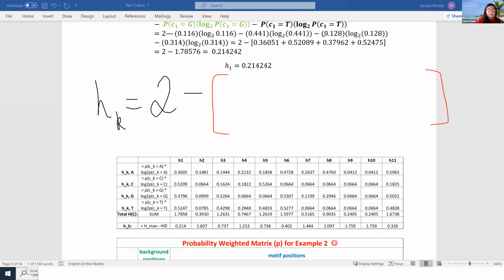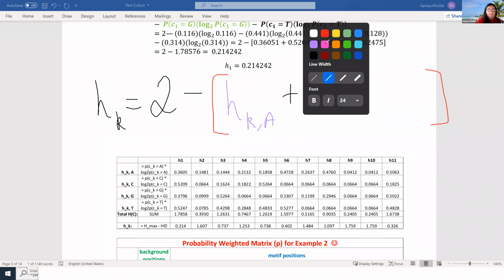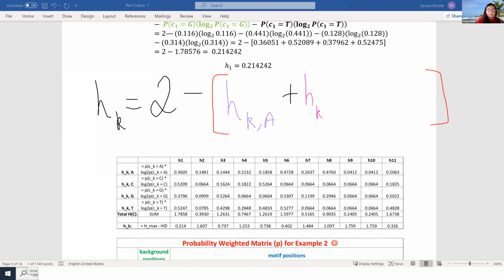This is how you can see this. So this sum will tell you the height at a particular spot.